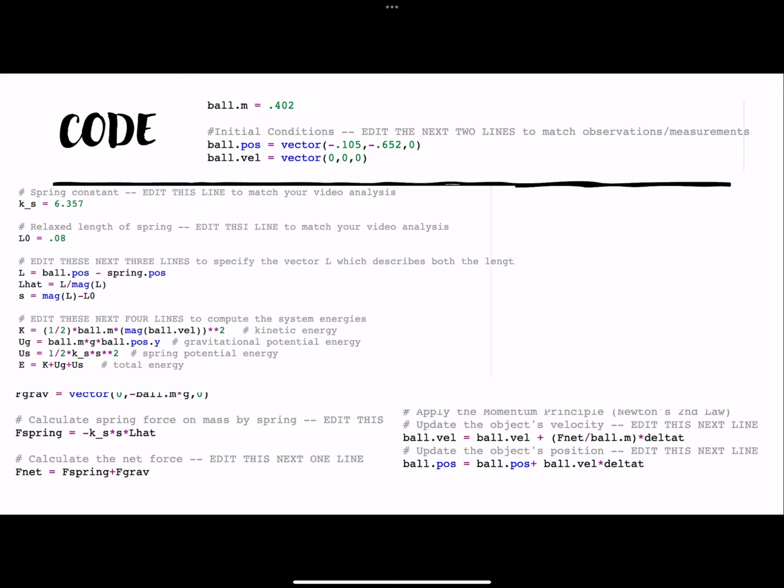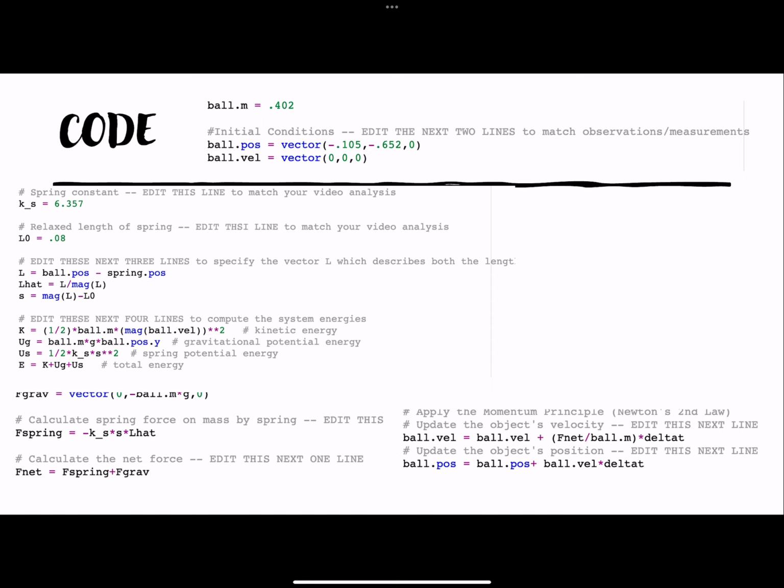It is the force, which is L divided by the magnitude, and S, that is once again the spring force, which is the magnitude minus L naught. And of course, if you look at the bottom, I went ahead and used Newton's second law, which is the F net, which is the spring plus the gravity added together, and that F net, use it in the velocity update formula, and then use that velocity in the position update formula.